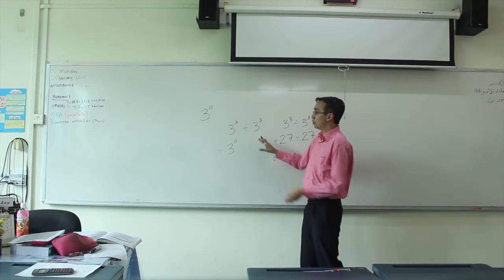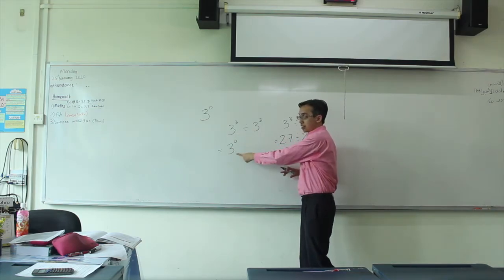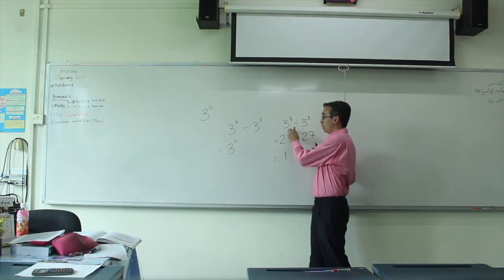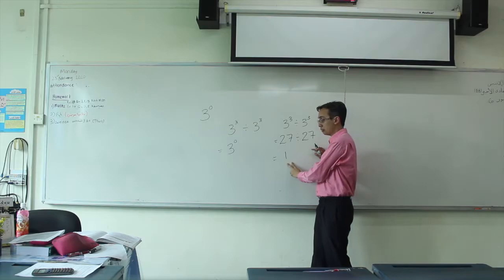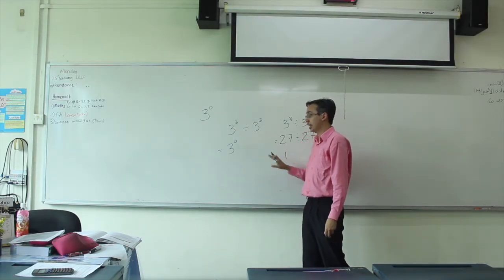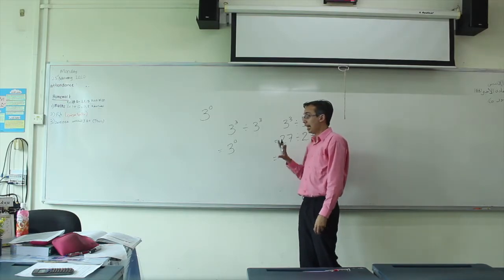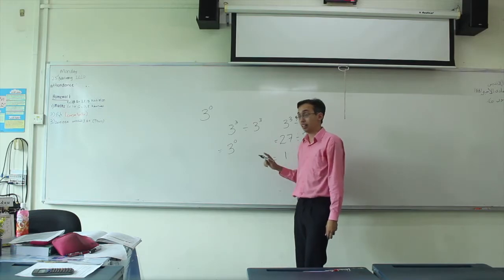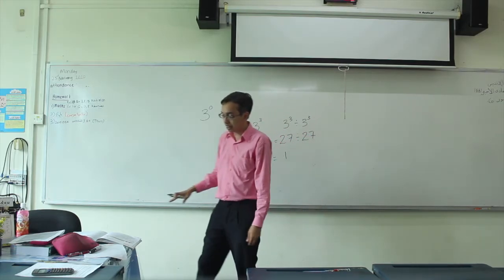But previously we showed that 3 cubed divided by 3 cubed can be written as 3 to the power of 0. On this end, 3 cubed divided by 3 cubed can also be expressed as 1. Therefore, 3 to the power of 0 is 1. So any number to the power of 0, the answer is 1. That's the first part.